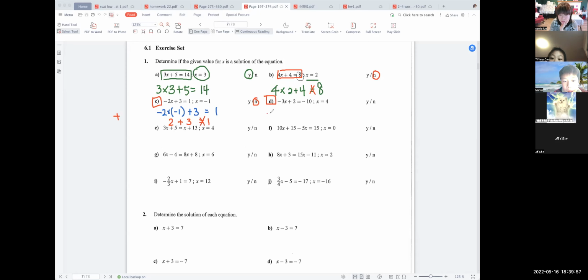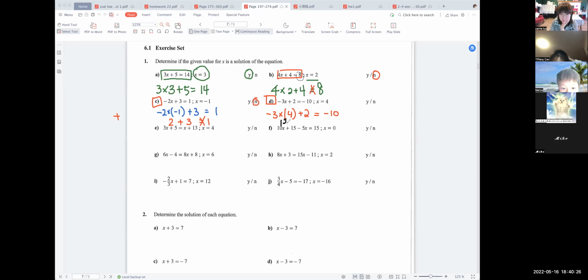So let's see. Negative 3 times 4 plus 2 equals negative 10. Let's see if it is right or not. Negative 3 times 4 equals what? You just pretend there is no negative. So 3 times 4 equals what? 12.